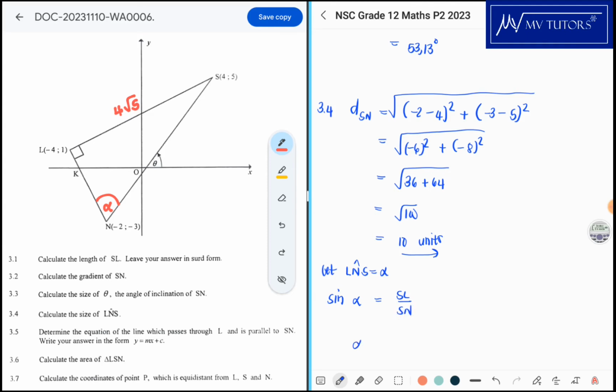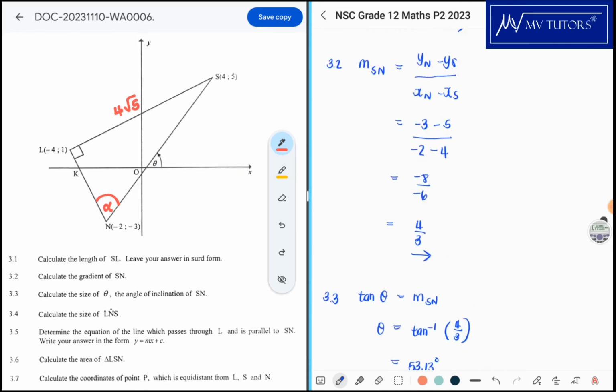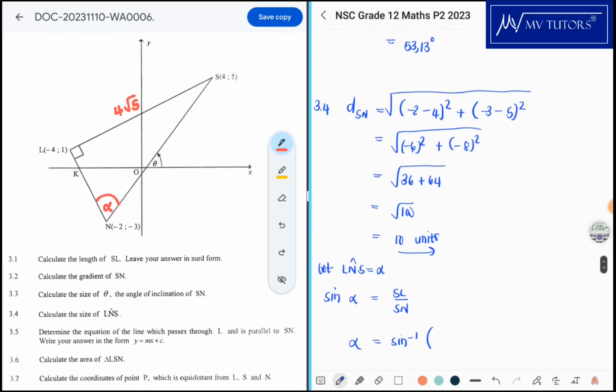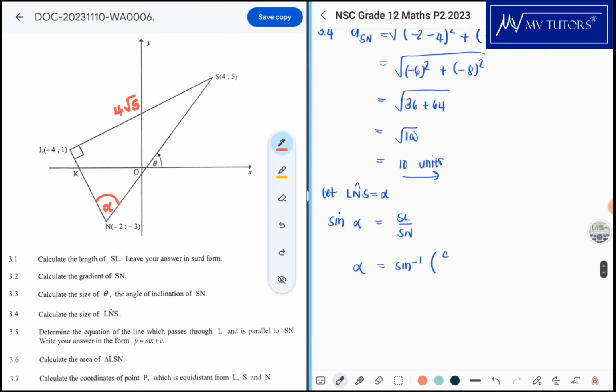So alpha in this case is arc sine, and SL we found to be 4√5. I forgot that I wrote it. 4√5, and SN is 10. Okay, cool. Now we can calculate.